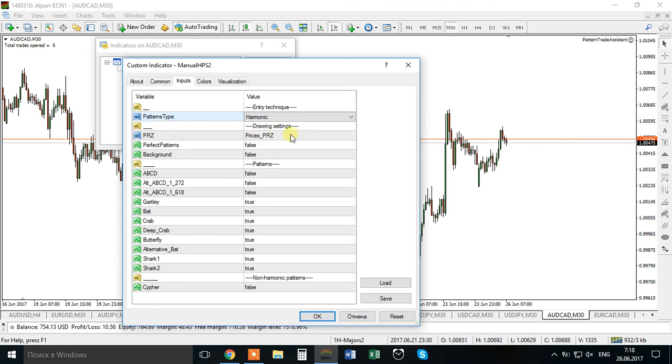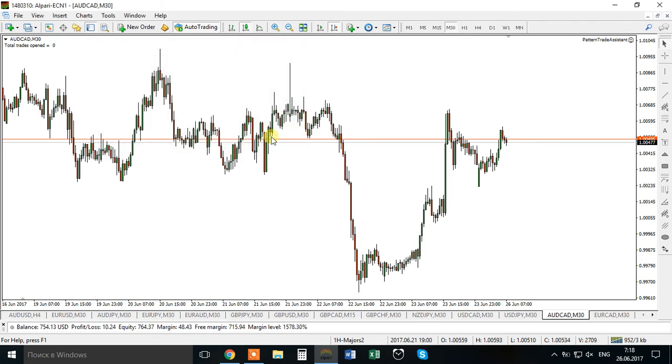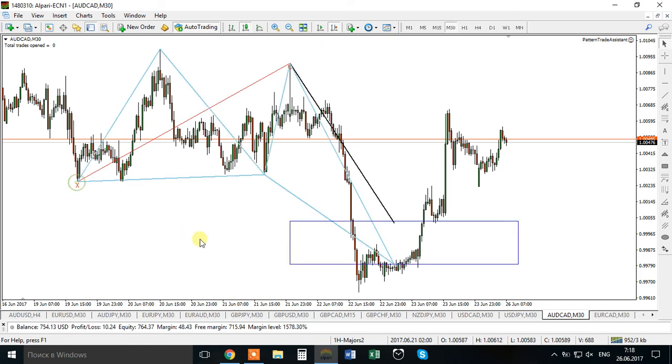Okay, drawing settings, PRZ. You saw the PRZ being shown as prices, and if we switch that to rectangle, it is more comfortable, at least for me. I don't know about you, but I like it being a rectangle. So instead of numbers, I have a rectangle, and I look at the potential reversal zone to react at that zone.